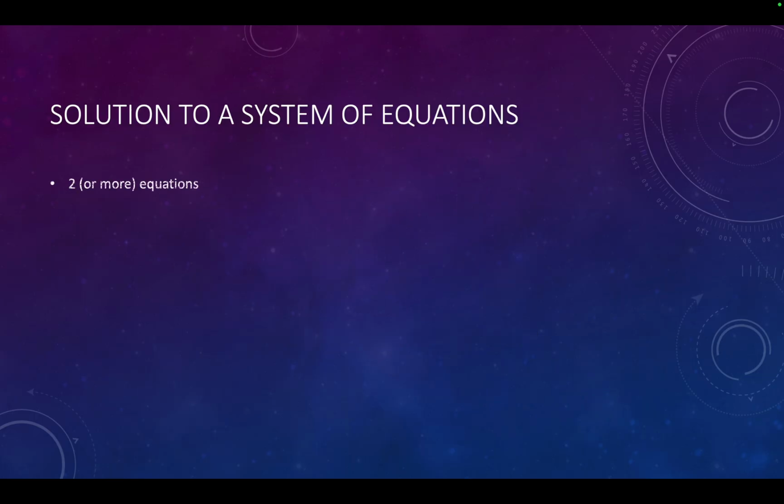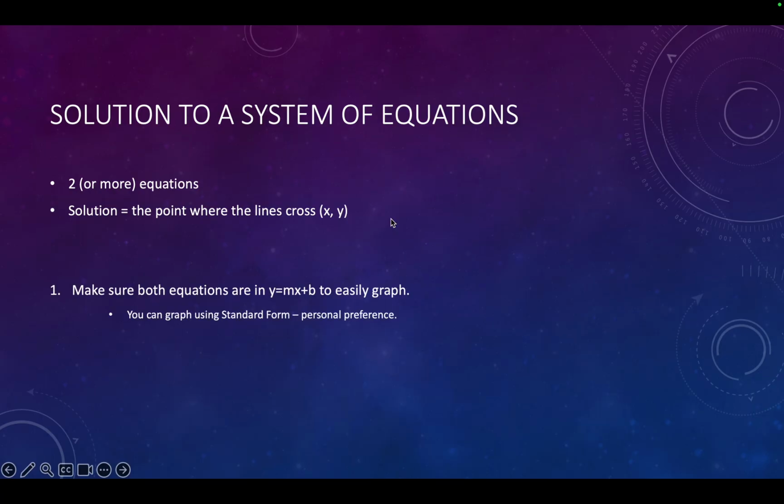Solution to a system of equations. A system of equations is usually two or more equations. The solution is the point where the lines cross. It's the x and y value where the two lines will meet. One, we need to make sure both equations are in slope-intercept form to easily graph. You can graph using standard form.